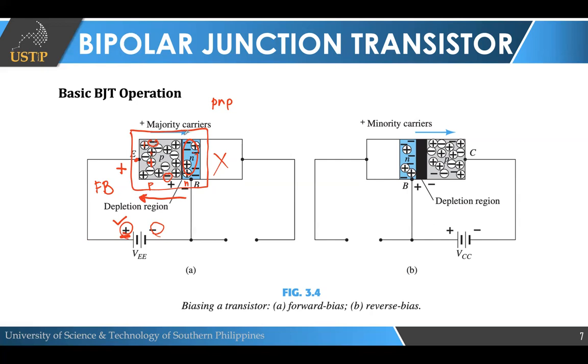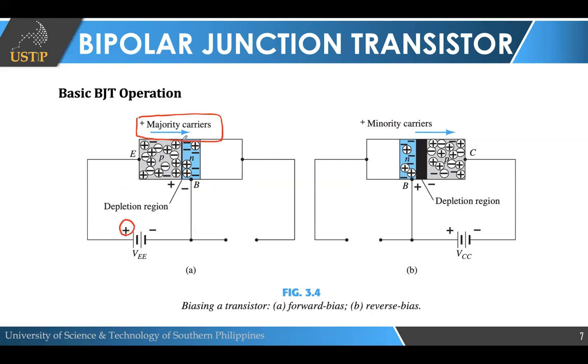And then your holes, which are the majority carrier, will go in the opposite direction. That is why the arrow shows the majority carrier, which is the hole, moving to the right. Right? Because the positive repels them.